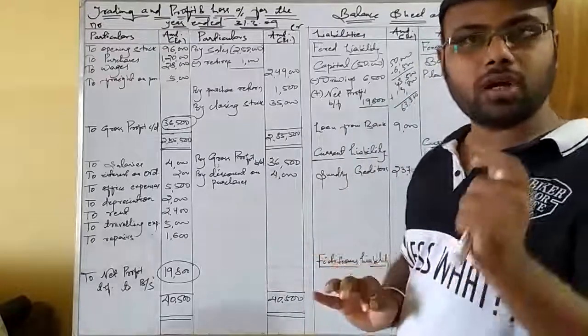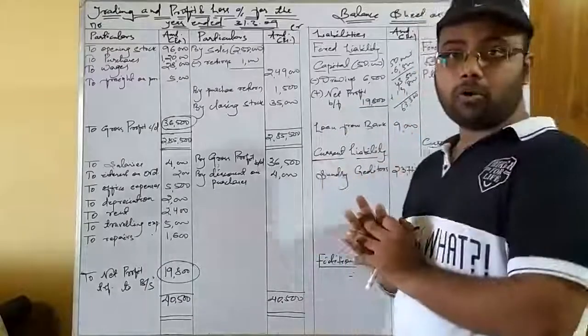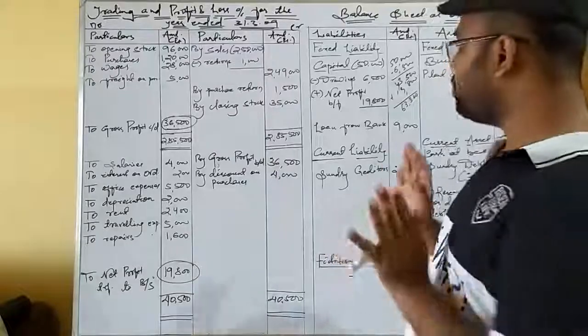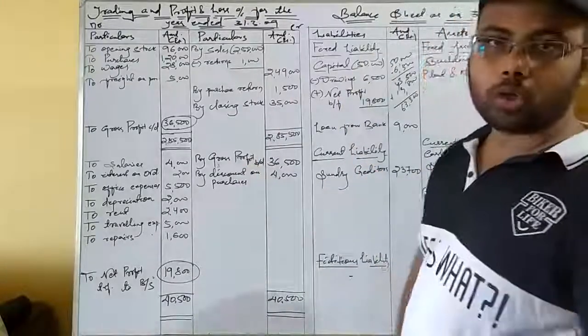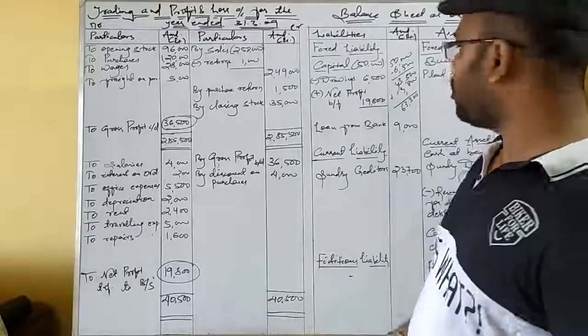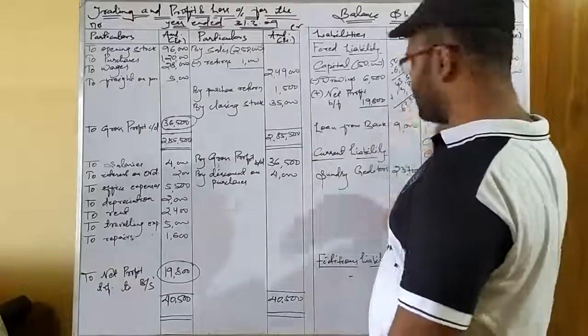Always do the calculation twice or thrice to check whether the amount you got is correct. If you commit any mistake over here, you will get the total wrong and the balance sheet will not tally. Okay. So we got 63,300.